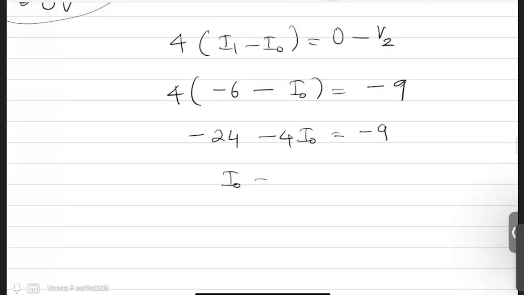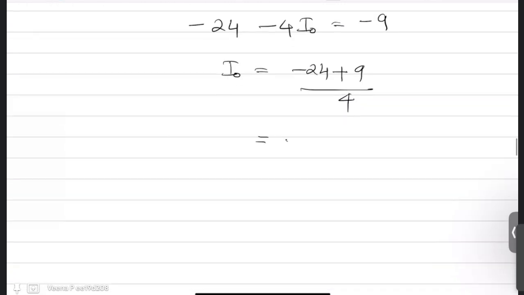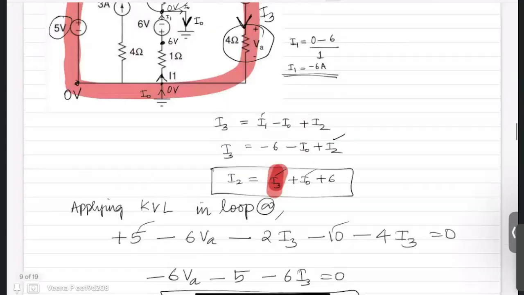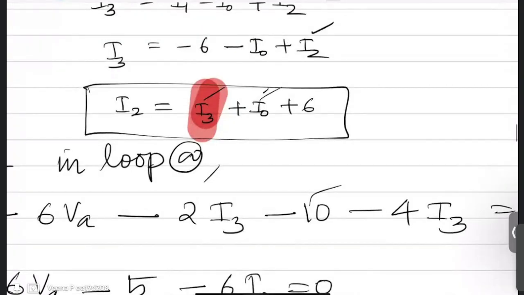Or your I0 is minus 24 plus 9 by 4. This comes out to be minus 3.75 ampere. So now you got your I0.